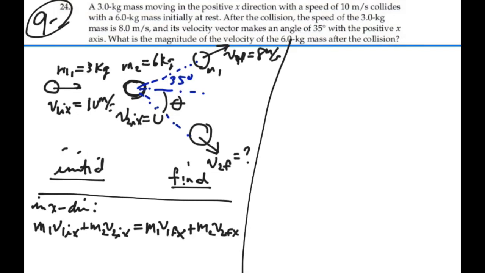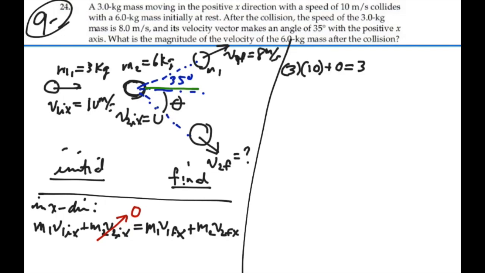Now v2 initial in the x direction is 0, so this whole term right here is 0. We know that mass 1 is 3 kilograms, moving initially in the x direction at 10 meters per second. The second term is 0. And we have 3 kilograms. Now v1 final in the x direction is just the x component of the final velocity.